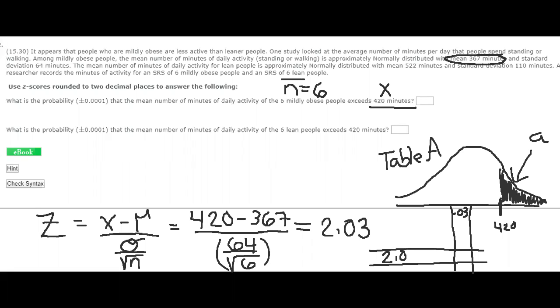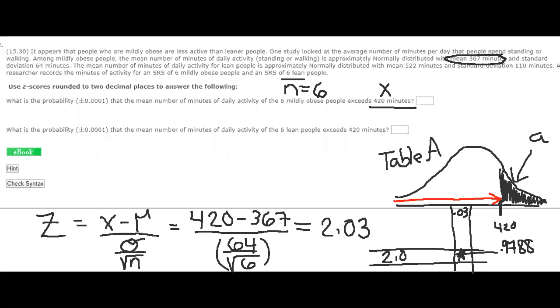So find the row with 2.0 and the column with 0.03, and we get 0.9788. But what that number is from table A is actually the value of the area to the left.